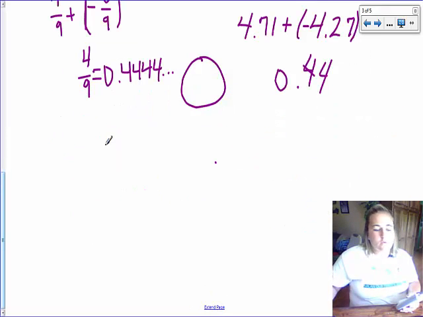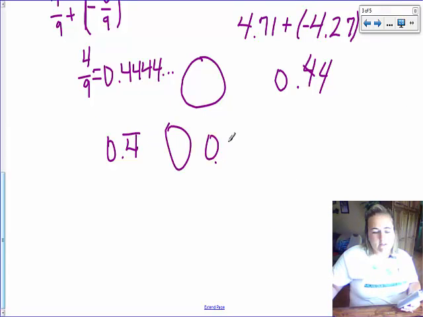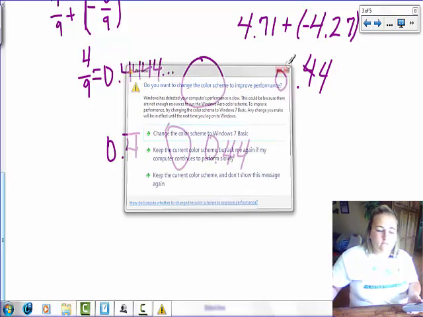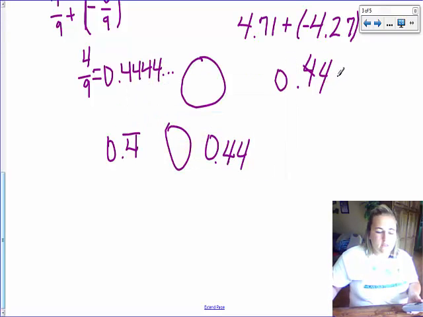Remember that we can write that as 0.4 repeating compared to that 0.44. Well, it's really more beneficial to see it this way for the comparing, because otherwise I only have one decimal to compare here to these two decimals. Up here I have 4 written out 4 times, so I can go ahead and write out two more decimal places over here.